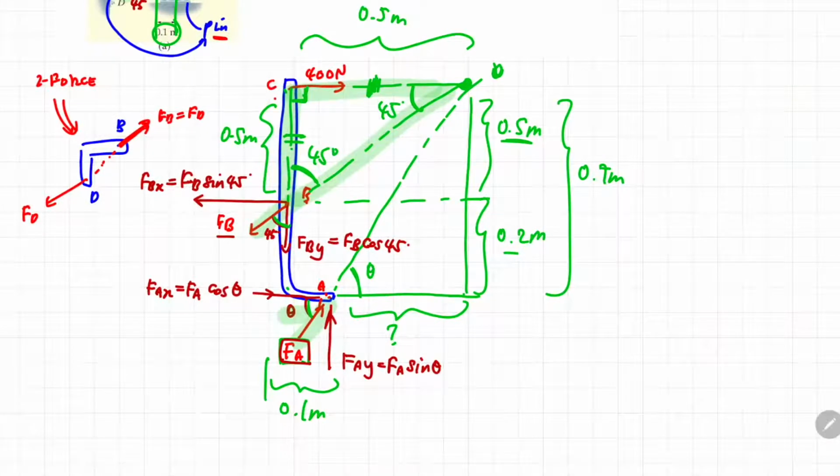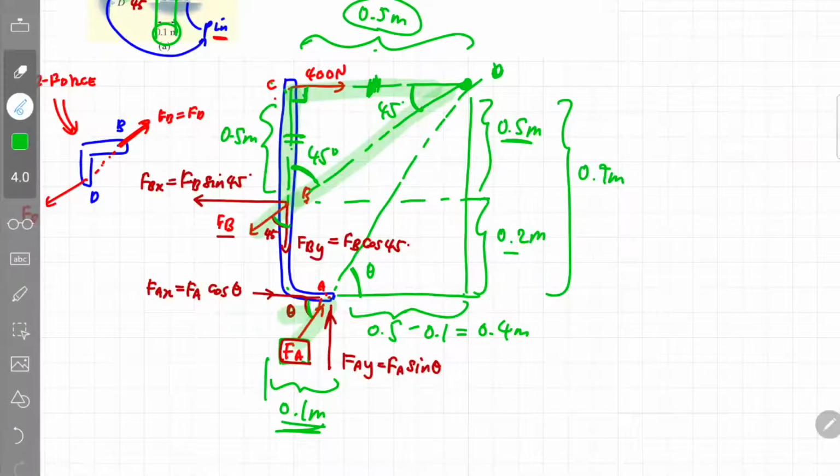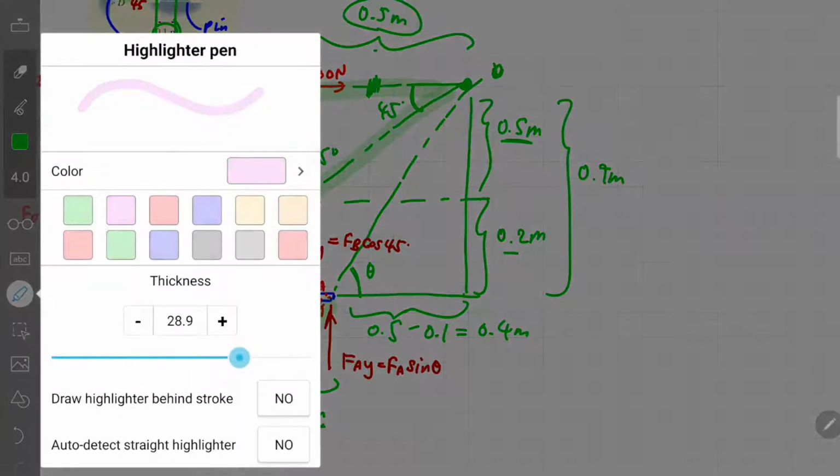Okay. So, point CD is 0.5 meter. From this point is 0.1 meter. So, easily we can find the distance over here to be 0.5 tolak dengan this 0.1, and we'll get a corresponding distance of 0.4 meter. Cool. Now, we have complete information for our trigonometric function. Okay.